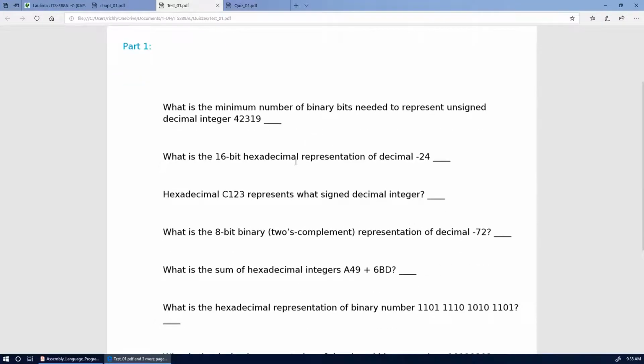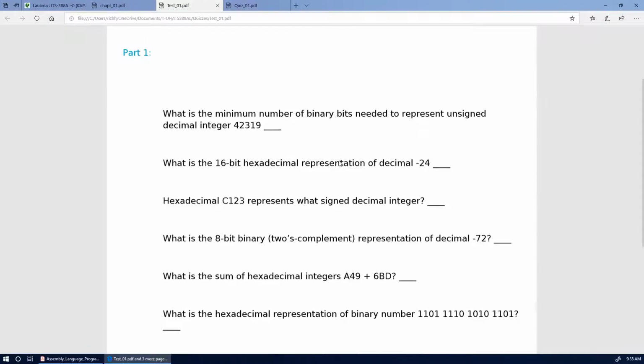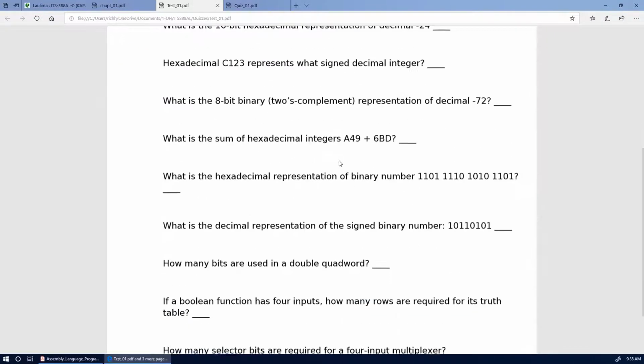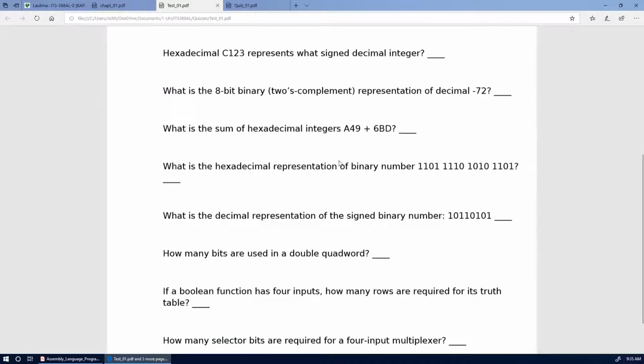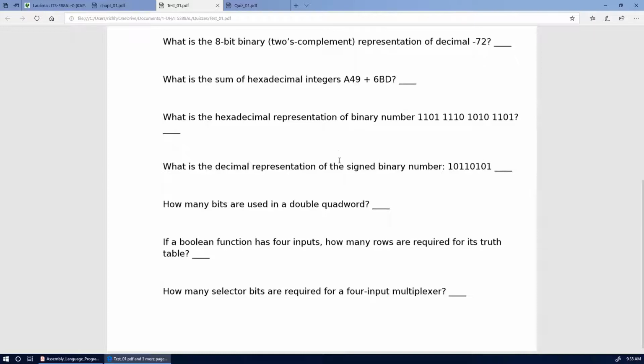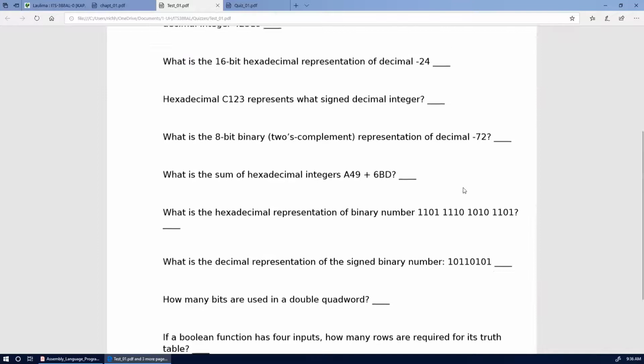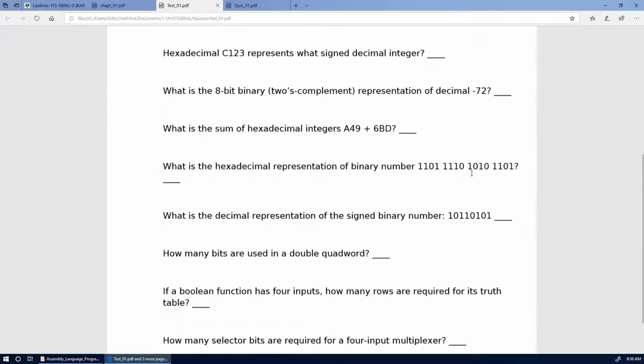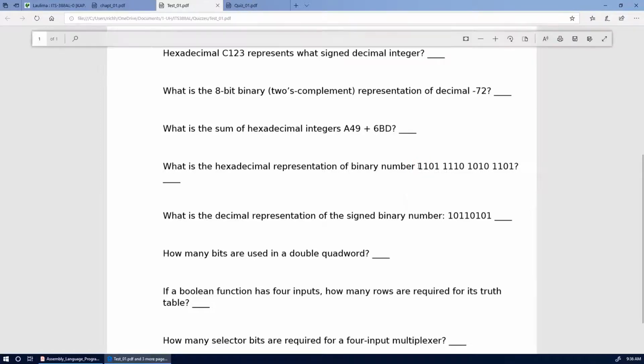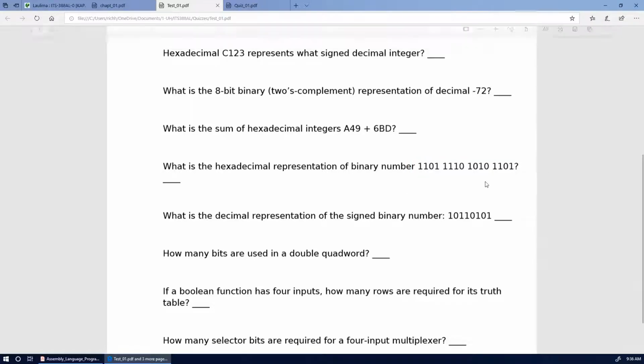These are pretty well representative of the kinds of things you're going to have to know and do in your head, but it gets pretty easy, like converting this number to a hexadecimal number.